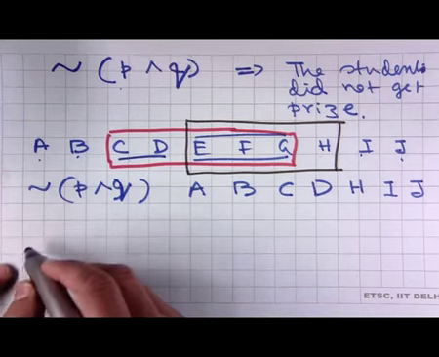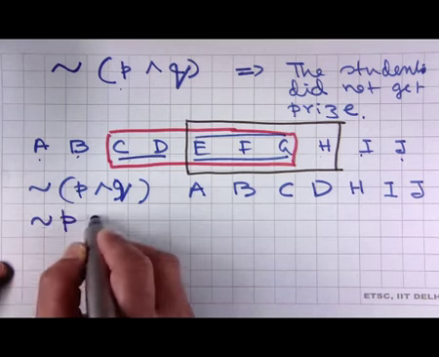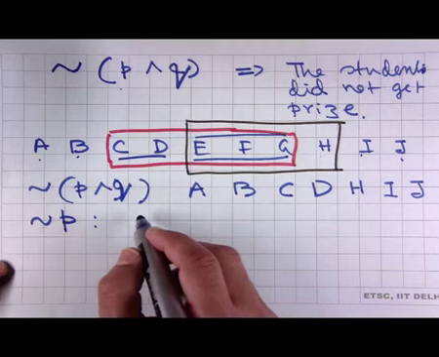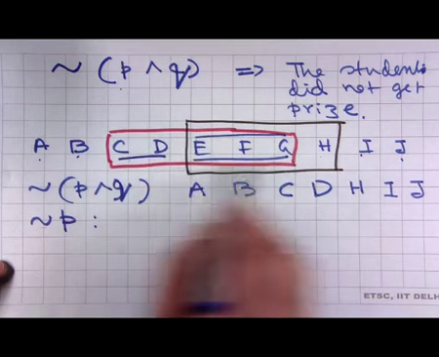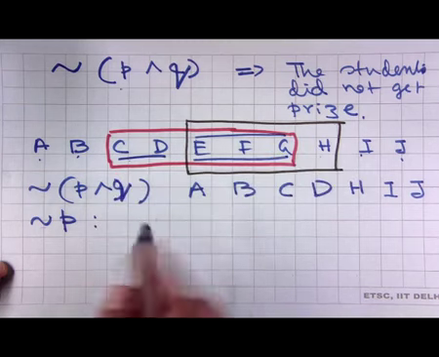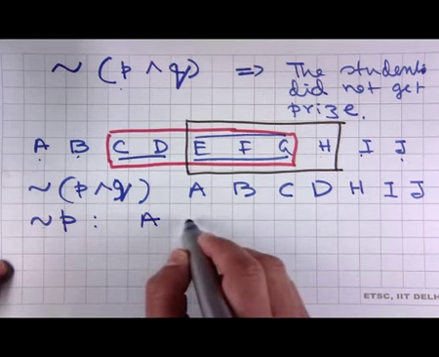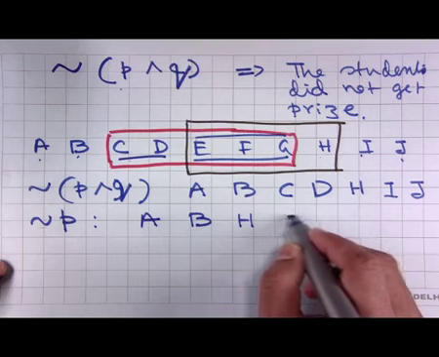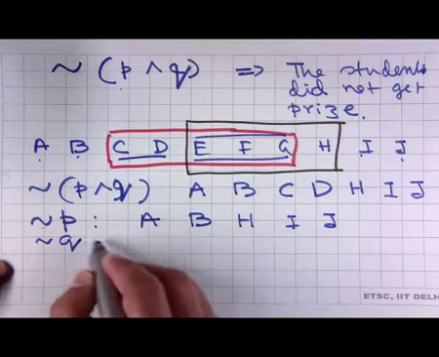Therefore, if we look at not of P, what is not of P? Those who did not get 95% in maths. So, the red rectangle gives us the students who got 95% in maths. Therefore, negation of P has the truth set A, B, H, I, J. What is negation of Q?